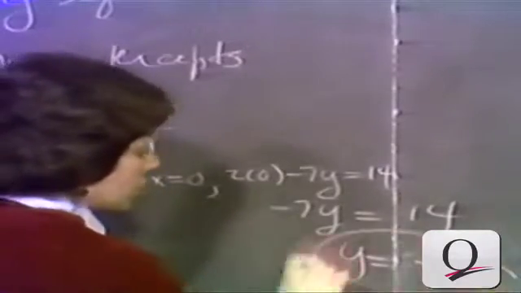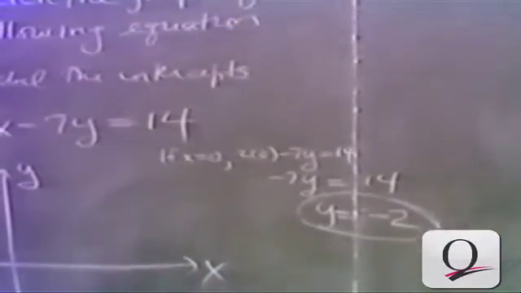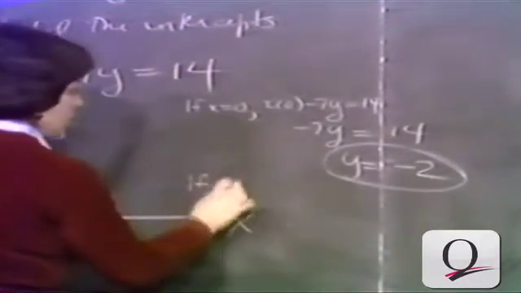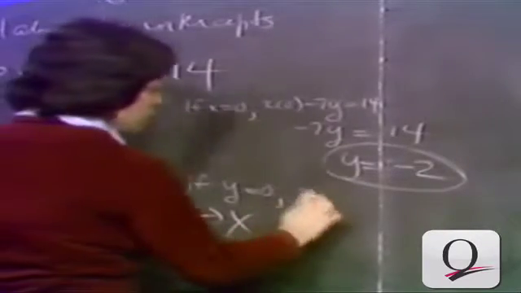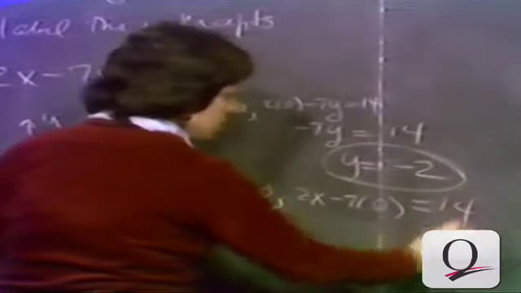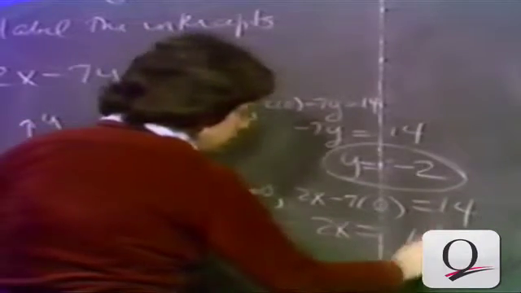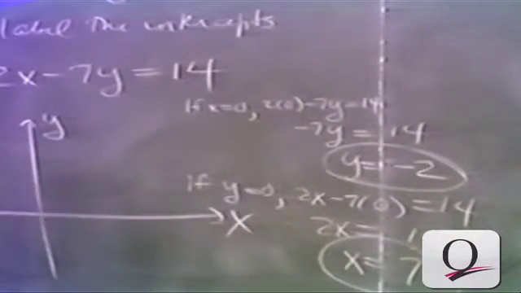Y equals minus 2. That would be the y-intercept, minus 2. And setting y equal to 0 in the original equation, we get 2x minus 7 times 0 equals 14. 2x equals 14. X equals 7. 7 is the x-intercept.